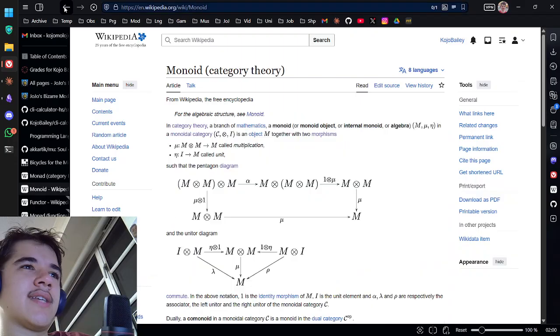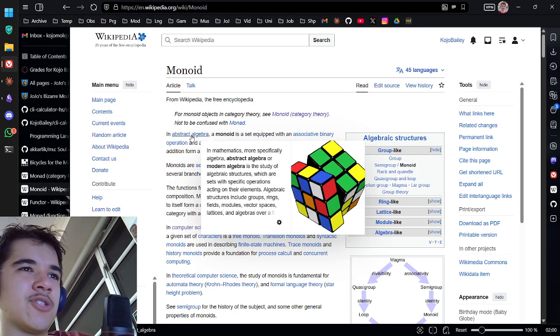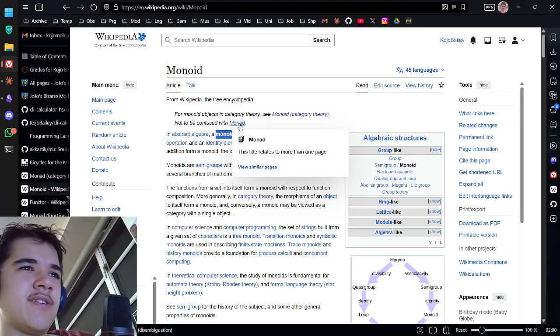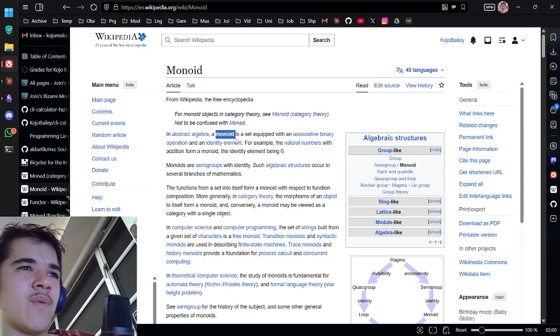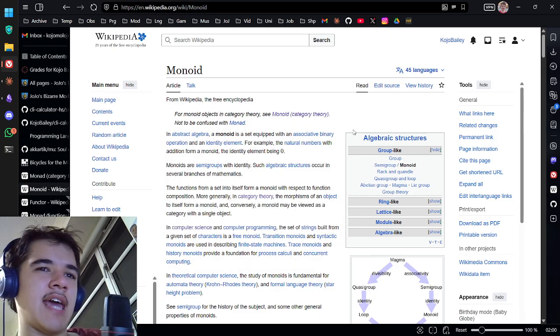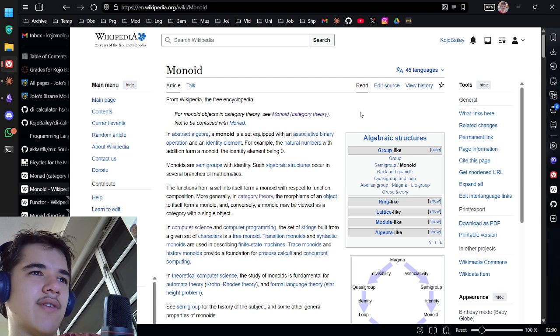This is interesting because there's monoid in category theory, and then there's this monoid from abstract algebra, and from what I understand, this one fits better with what I understand. It says it's a set equipped with an associative binary operation. So for addition, it'd be like a plus b, and an identity element, so 0.